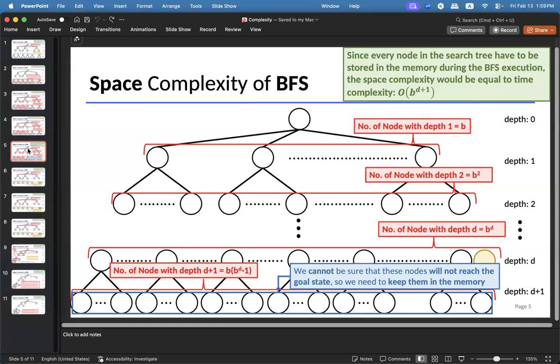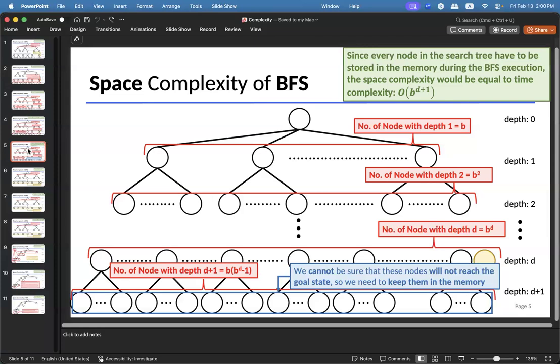In breadth first search, each time we explore all the nodes with an equal depth at once, layer by layer. So for every terminal node in this search tree, we cannot guarantee whether it can reach the solution yet, or whether it can never reach the solution.